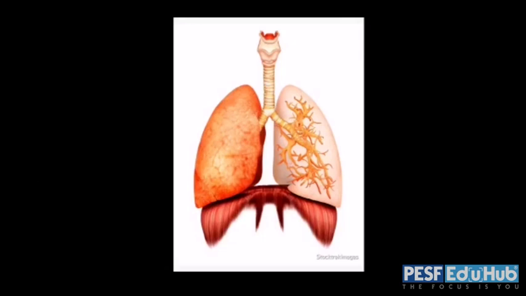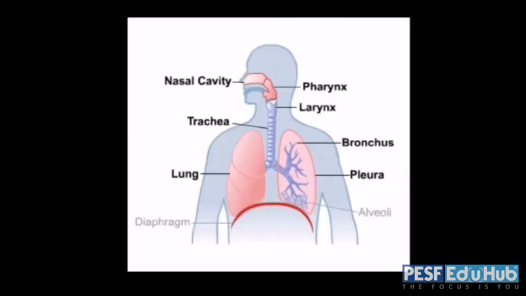This is the larynx, this is the trachea, this is the bronchus, this is the bronchioles. Air enters through the nostril to the nasal cavity, pharynx, larynx, into the trachea, which divides into bronchi, which divide into bronchioles.